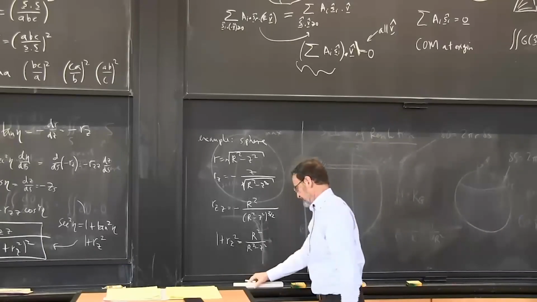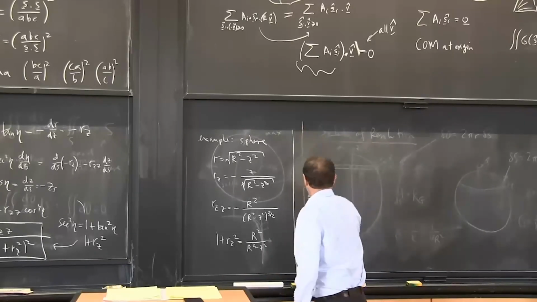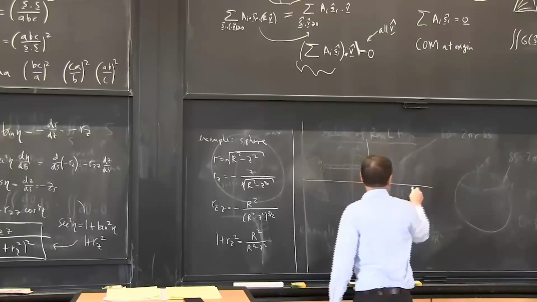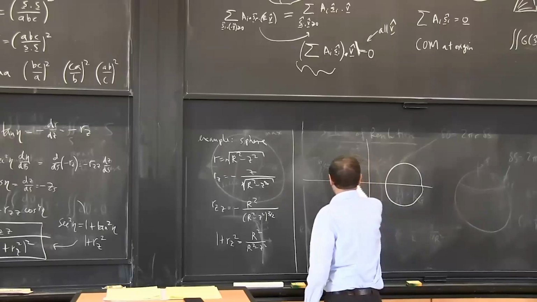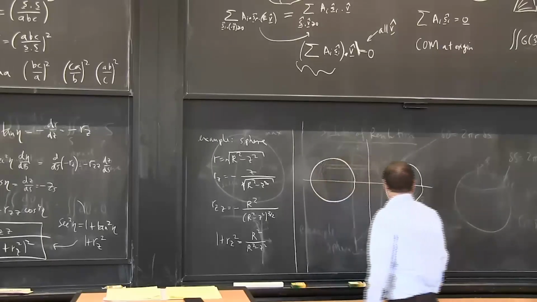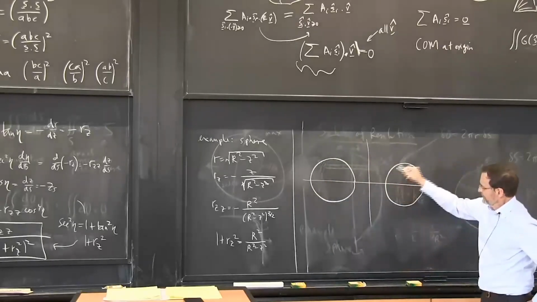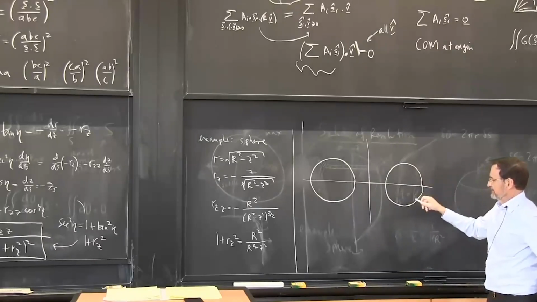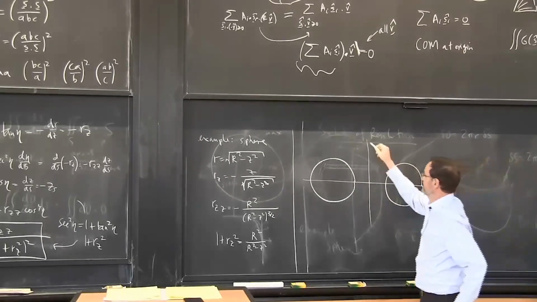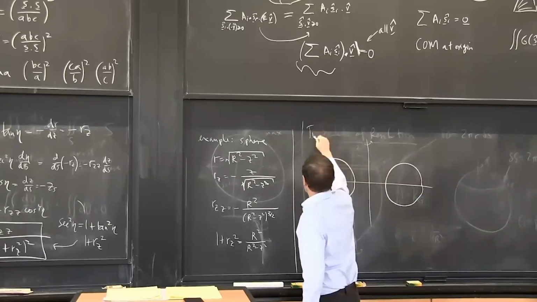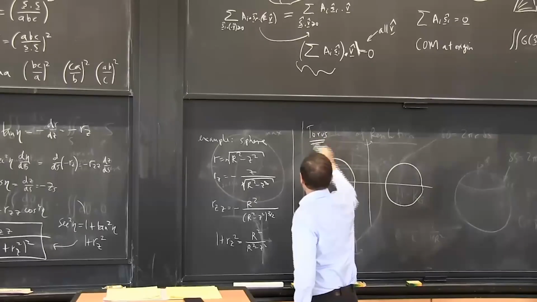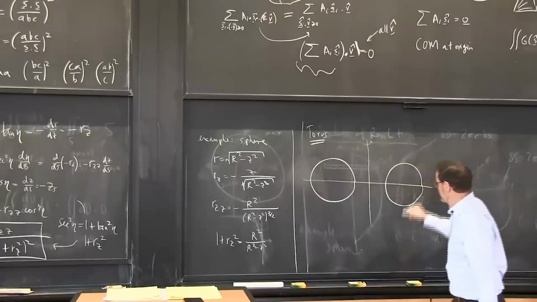Okay, and that's a donut. So here's the cross section. And basically, we take a circle as a generator and we rotate it around this axis. So we generate a torus.